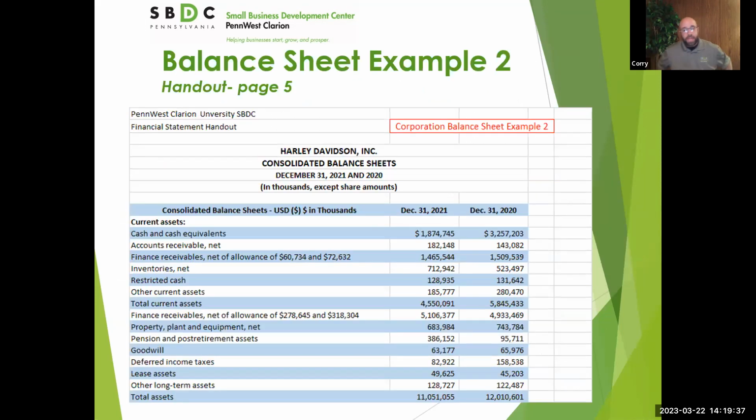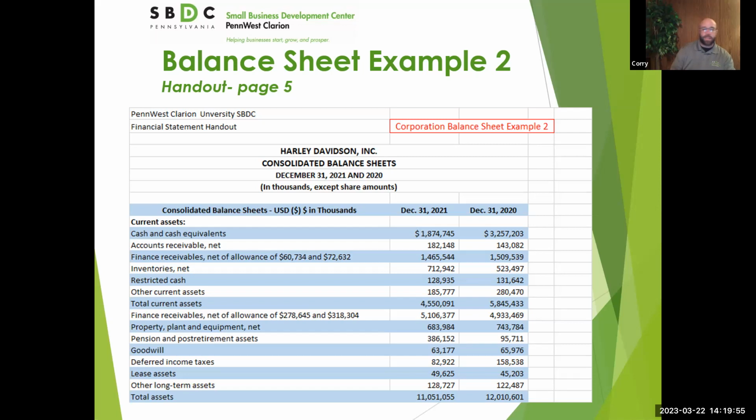Now, what you see here is a balance sheet for a very large corporation. We might recognize this particular corporation, Harley-Davidson. This is public information because they're a public company, so you can go out and find it.